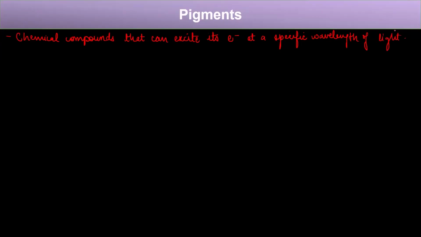So what is a pigment? Suppose this is a pigment. If it receives a light ray, its electron will get excited and move to the excited state. Then from its excited state, it will slowly come back to the ground state.